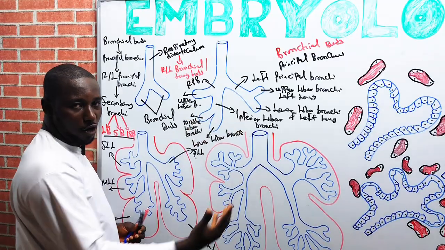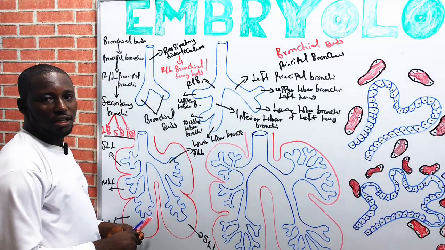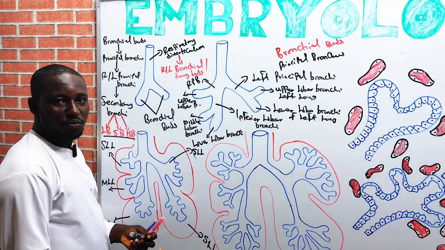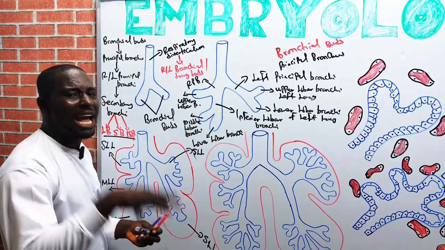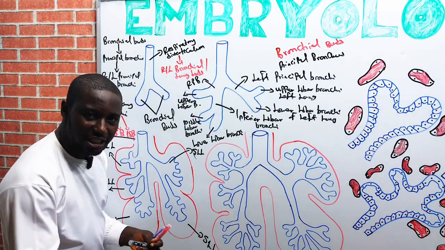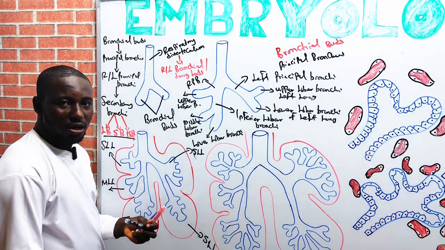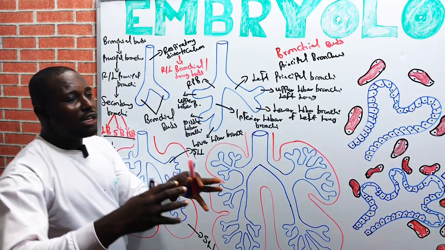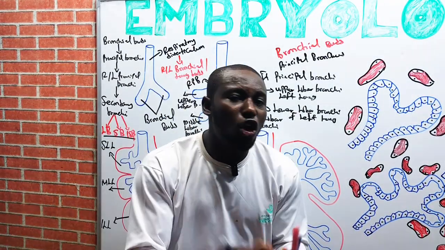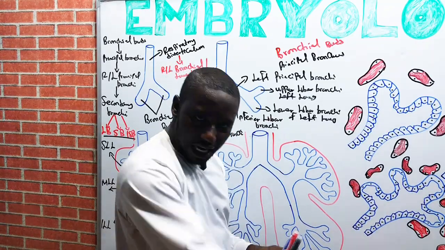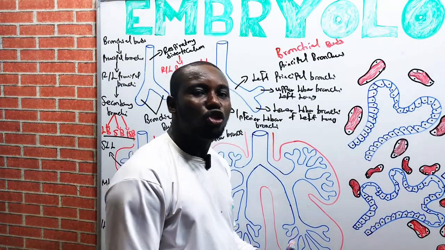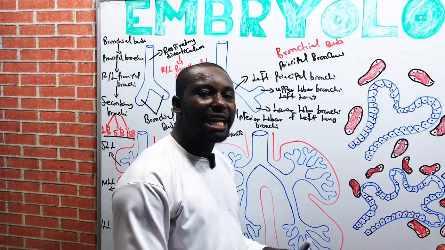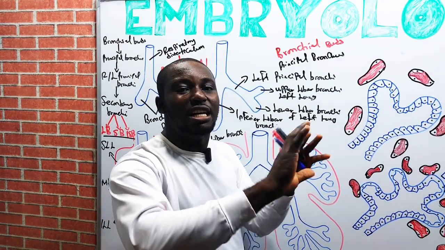So this is how the bronchi evolve. Now, continuously, each of the lobar bronchi undergoes progressive branches to form 10 segmental bronchi. So, in summary, each of the lobar bronchi undergoes progressive branches to form 10 segmental bronchi in each of the lungs.